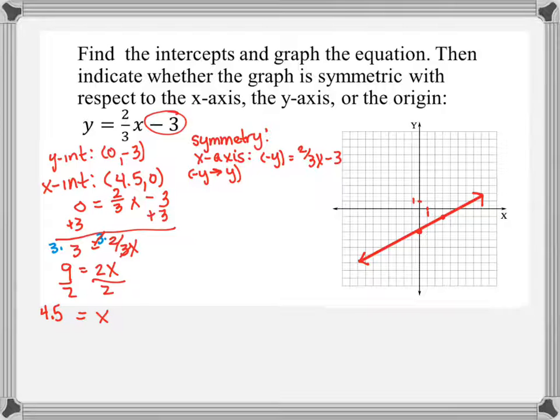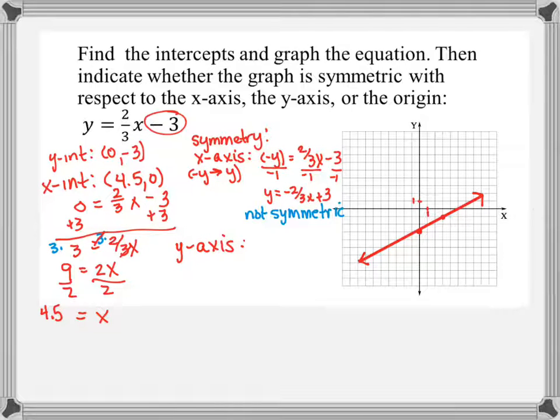I want to put this back into y equals form, so divide everything by -1: y equals -2/3 x plus 3, which is not the same equation we started with. Because of that, this is not symmetric to the x-axis. And looking at our graph, that makes sense. If we were to imagine reflecting this graph over the x-axis, would it look identical to the original graph? No, this graph is not symmetric to the x-axis.